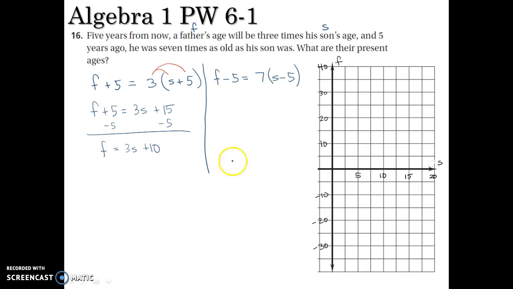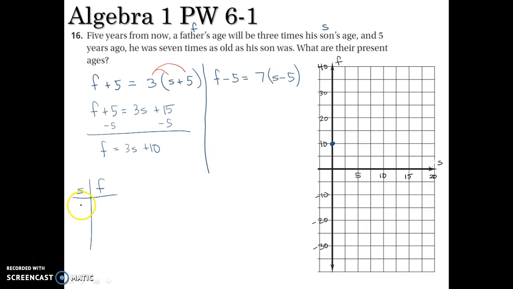My y-intercept is 10, so I'm starting here, and then my slope is 3. So let's see, when I go over 1, I go up 3, but that's not super helpful on this graph. So what I'm going to do is make a little table here to find points that are nice for this graph.